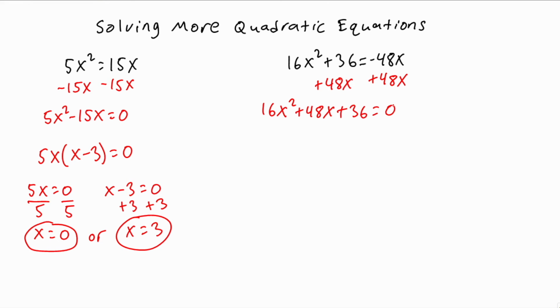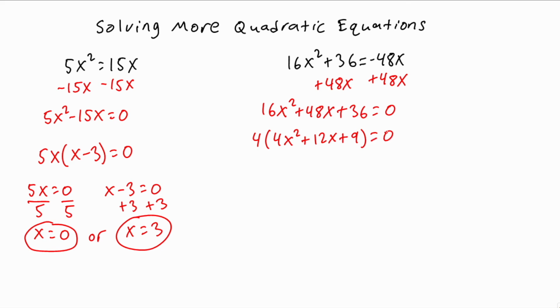And now we can factor out a GCF. So we can factor out 4. So we've got 4 times 4x squared plus 12x plus 9 all equals 0.